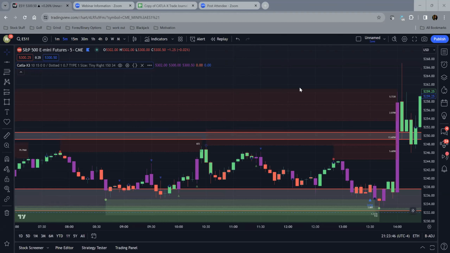If I need to make any adjustments or add any new zones, I'll do that right before I start trading in the morning. But I typically mark up everything before I go to bed, because it gives me a clear picture of what I'm likely to expect in the market the following day. Make sense? Yep. All right, thanks.